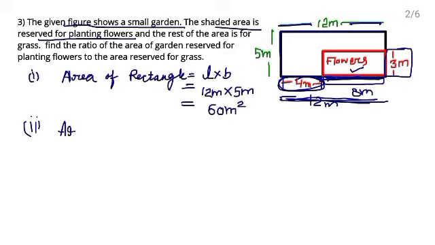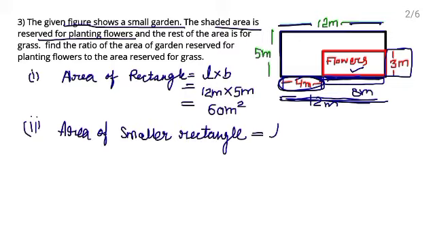So the area of the smaller rectangle will be length multiply breadth. Length is 12 minus 4 meter, or you can directly write 8 meter, and breadth is 3 meter.